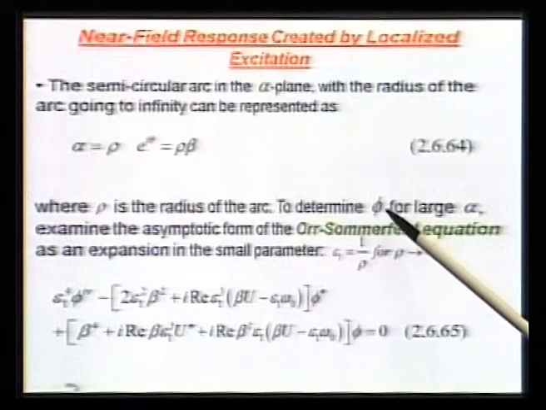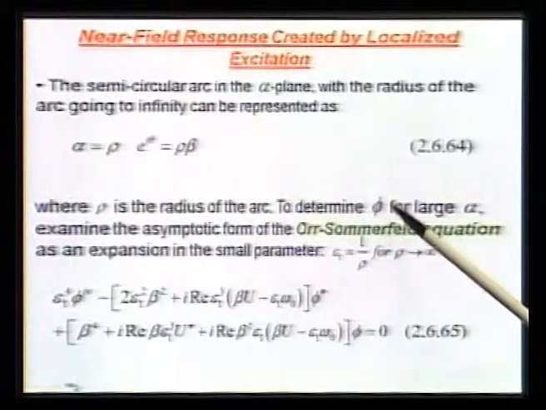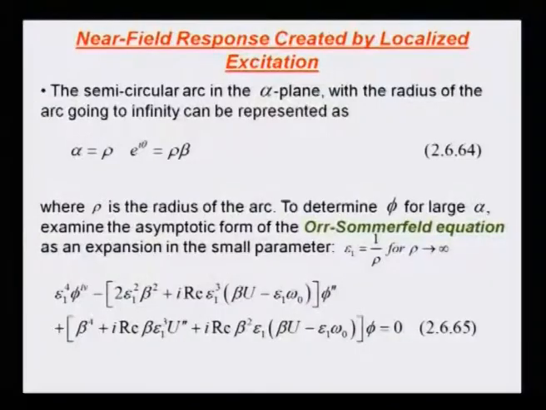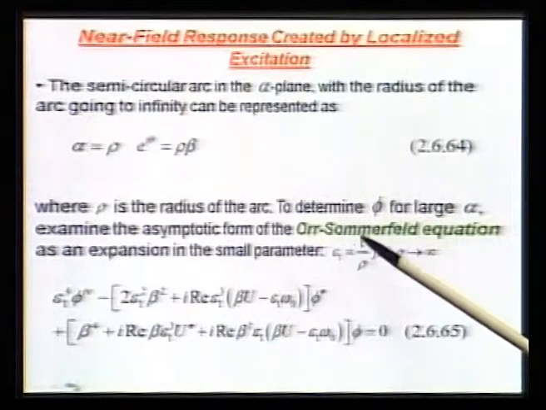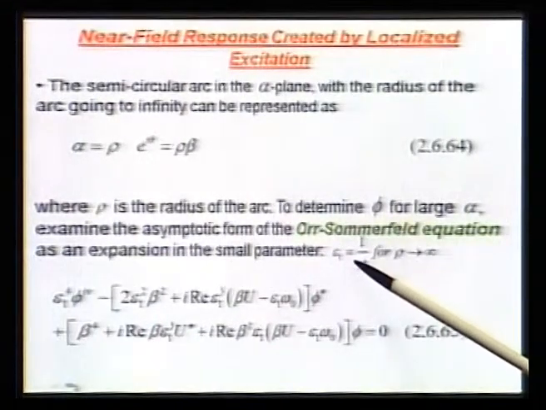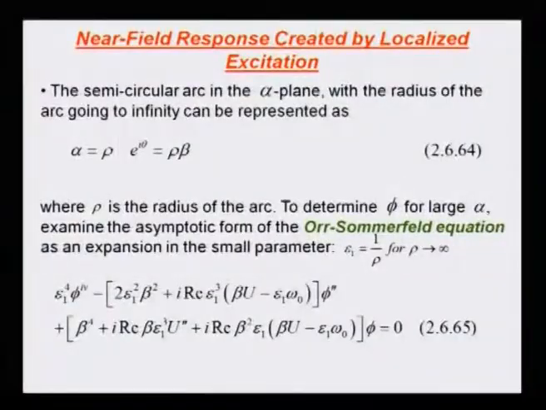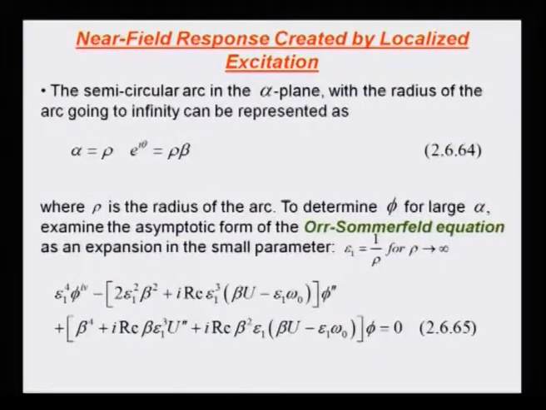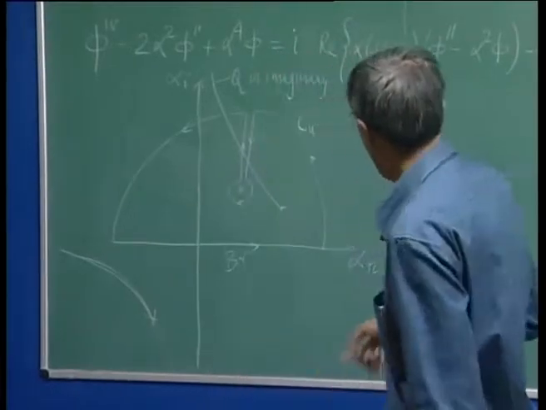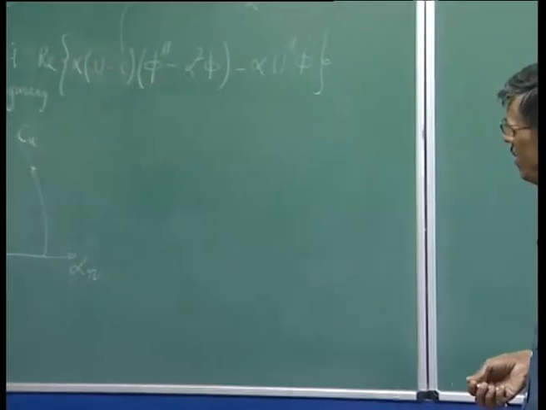We are now trying to figure out what this phi is going to be for alpha going to infinity. That means rho should go to infinity. So what happens? I can define a small parameter, call it epsilon 1, which is 1 over rho. As rho goes to infinity, epsilon 1 goes to 0. And then I have the Sommerfeld equation.